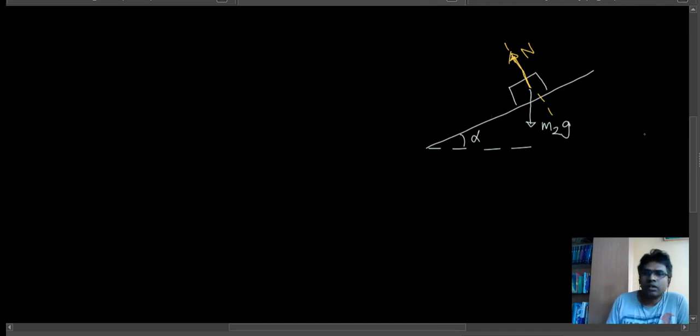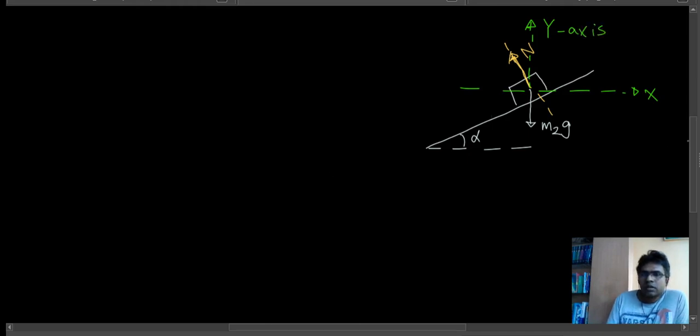Even here we are interested in two directions: the horizontal direction, and in addition, the vertical direction. Clearly the bar slides on the prism as the prism moves towards the right. So we will take the horizontal direction as the x-axis and the perpendicular direction as the y-axis.